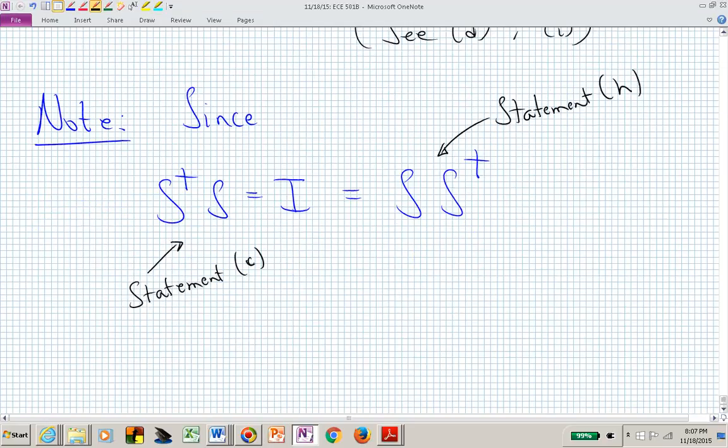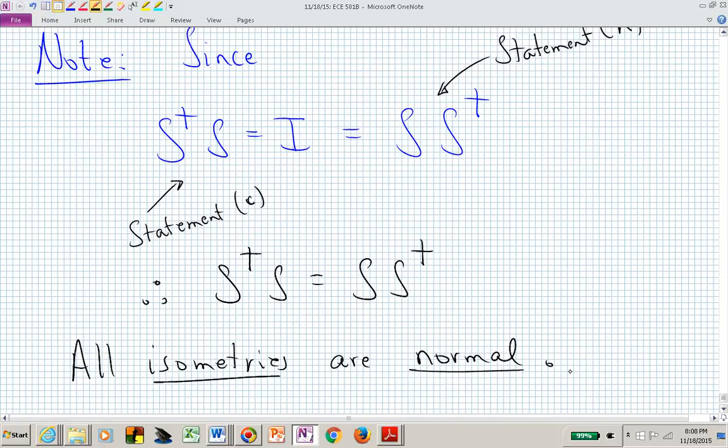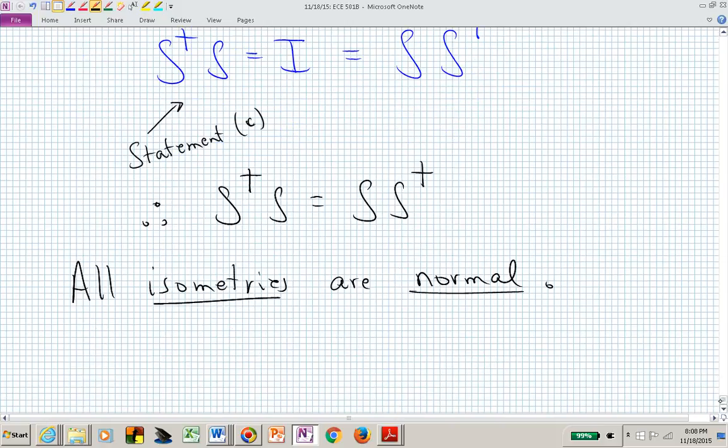And if we have those equal, then we have S dagger S is equal to S S dagger, or S and its adjoint commute, so that all isometries are normal. And that's what we just had up here.